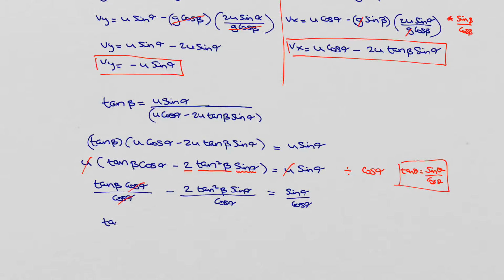So therefore I have tan beta minus 2 tan squared beta tan alpha is equal to tan alpha.